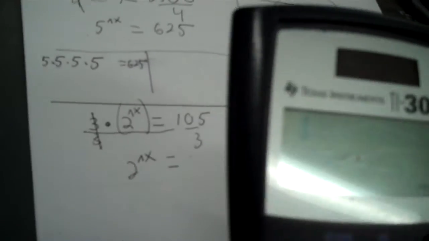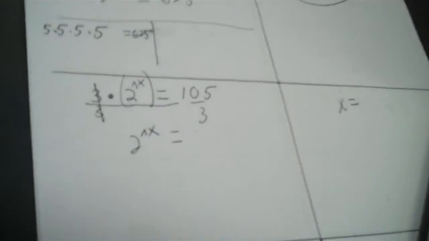Okay, next problem. Again, 2 to the x power, I'd maybe put that in parentheses, and you have to get rid of the times 3. A lot of people, you don't minus 3. It's times 3, you divide by 3. So 2 to the x. 105 divided by 3 is 35. So the base is 2.